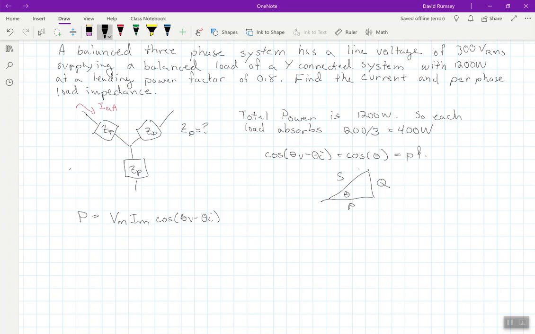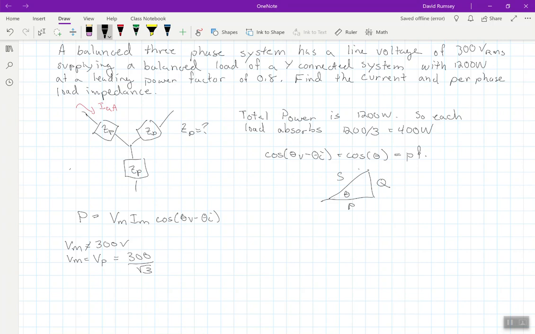So if I think about that, well, what's Vm? Vm is not my line voltage. Vm does not equal 300 volts. Remember, Vm would be this Vp, that peak voltage, which is 300 divided by the square root of 3.